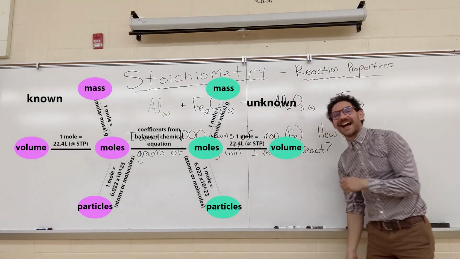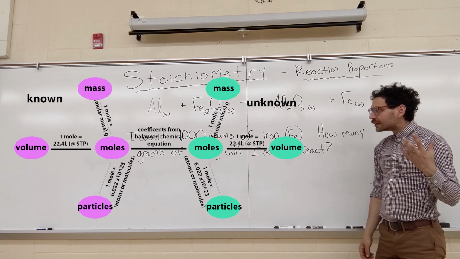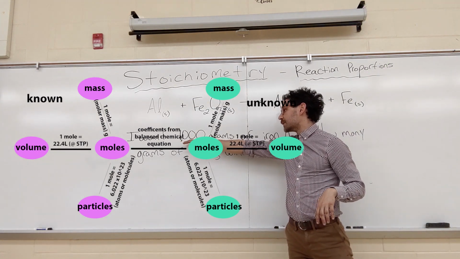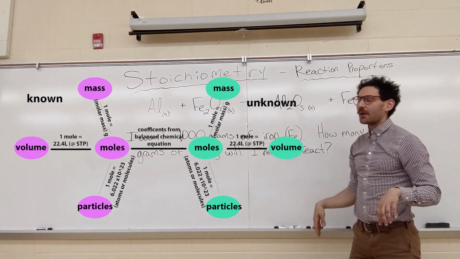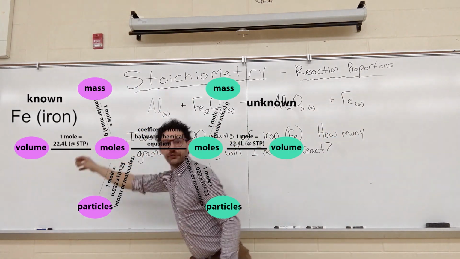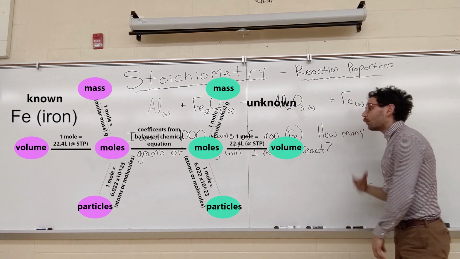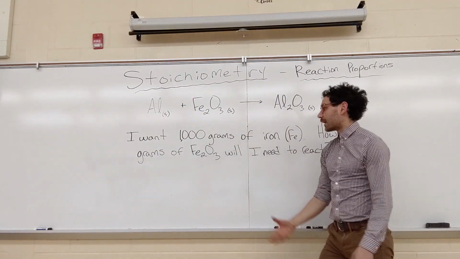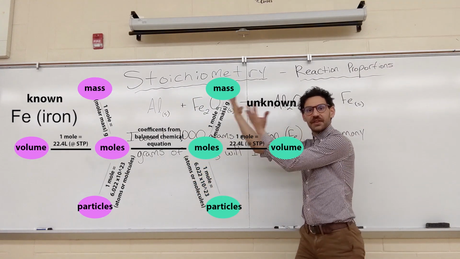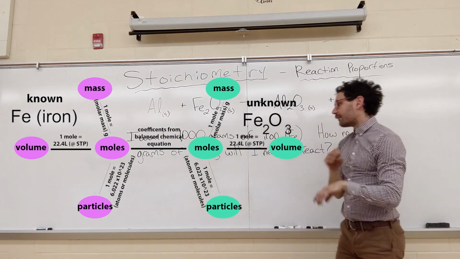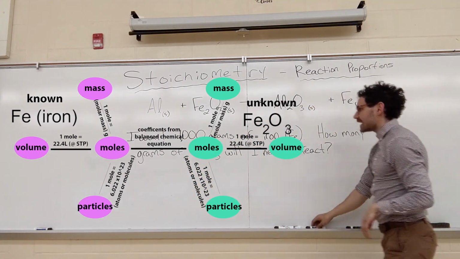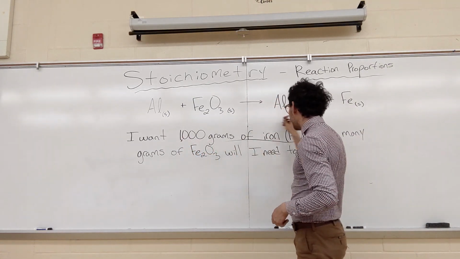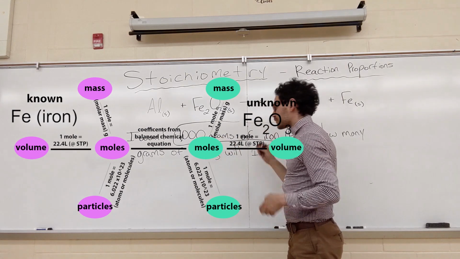So I want to get to an unknown thing. But I know that I want to use 1,000 grams of iron, so I would put that over on my known side, because I know that's what I want. What is unknown is how many grams of this iron oxide I would use. So I would say that iron oxide owns the unknown side of the diagram. Grams is a measurement of mass.